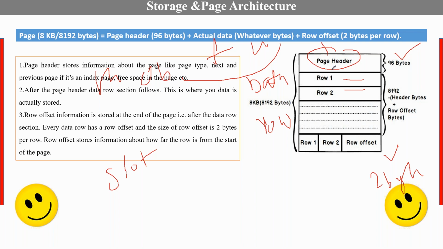Current page ID, next page ID, previous page ID, object ID, how much free space, how much is allocated, and how many slots are available. Slots are nothing but how many records are available. That information resides in the page header. Okay?